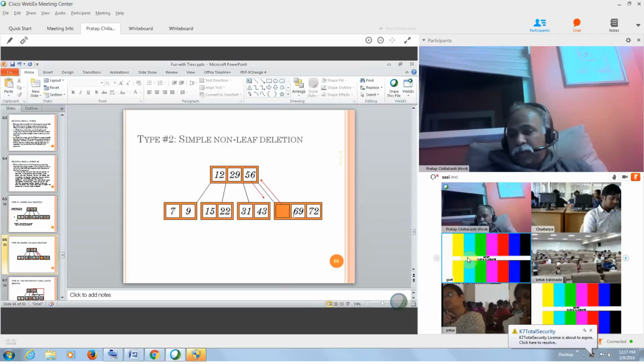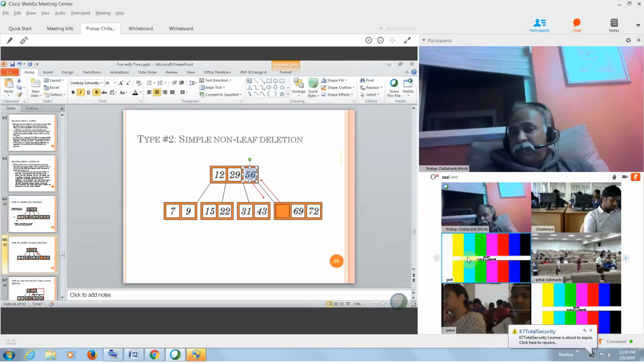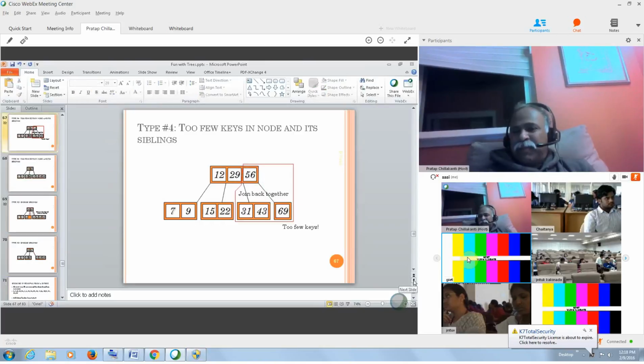By removing this one here, I'm violating the rule, so I have to bump up the value. No, sorry. I'm removing 52. By removing it, I'm violating the rule here, I need to have at least a minimum of 3 keys here. That is the rule of that tree. By removing one of the keys, I'm violating the rule. So that means I have to replace that. Again, it's kind of hard, and until you do a few examples, you will not appreciate that.